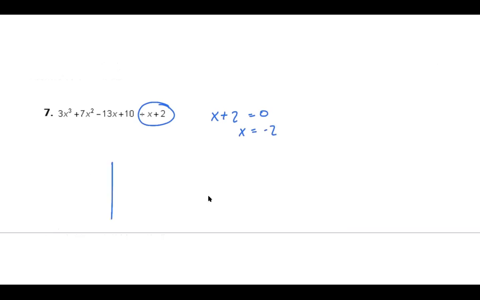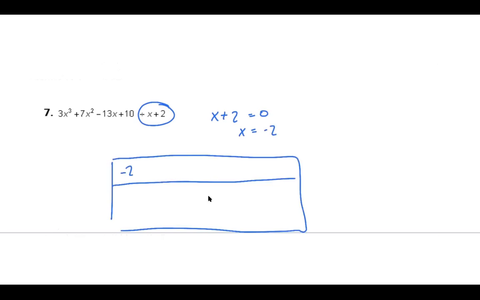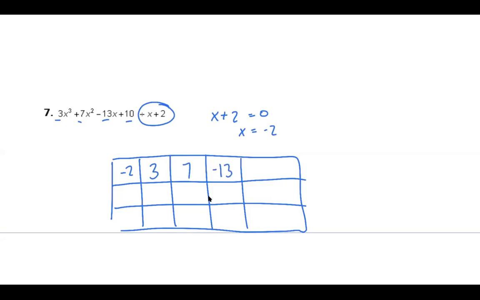All right, so what this is going to look like here is I'm going to plug in negative 2 in my top left-hand corner. All right, and then I'm going to plug in the constants or the coefficients. So I've got 3 for my x cubed term, 7, negative 13, and then positive 10.